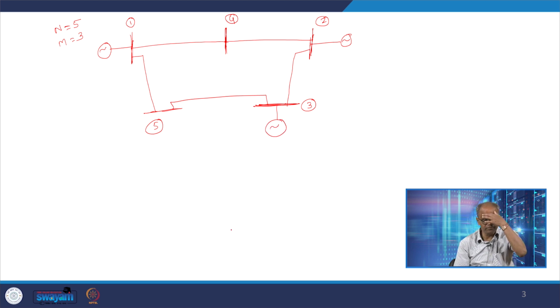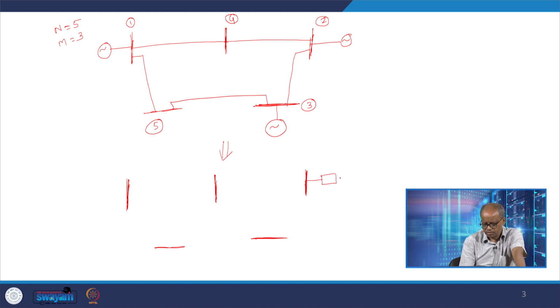So n is equal to 5, that is there are total 5 buses in the system, and there are 3 generators. And we know that this system is being augmented by internal buses. So these are the original buses, and now I have got internal buses.